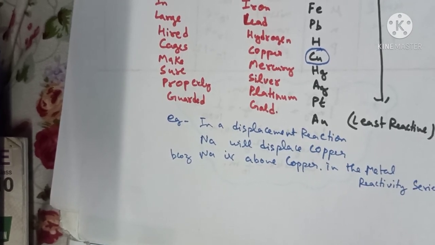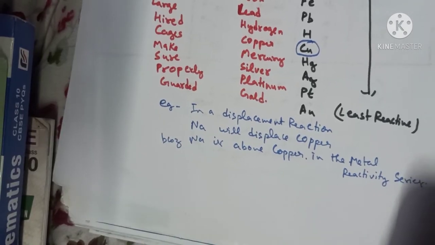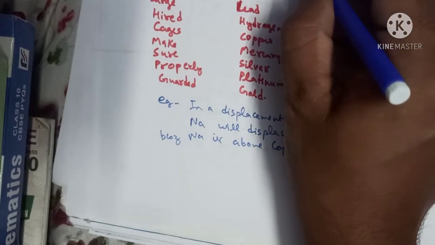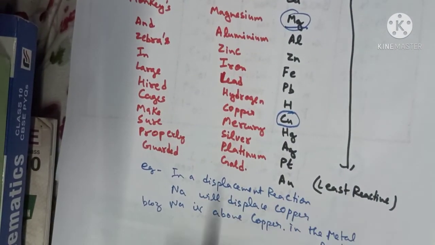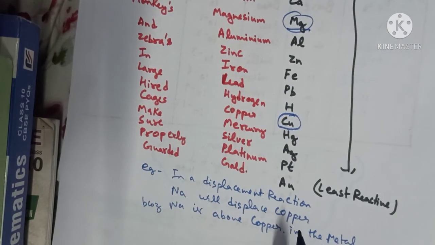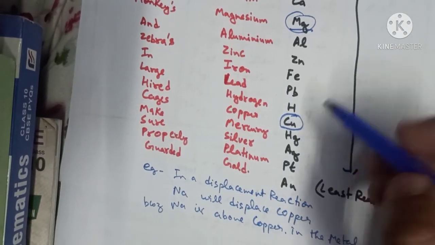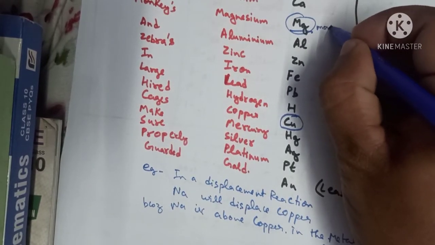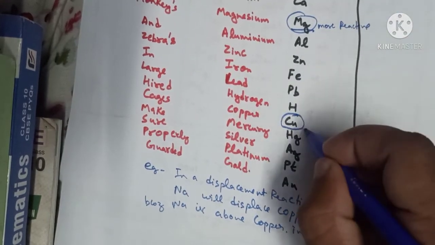Another example: if I take magnesium and copper, magnesium can displace copper. Magnesium is above copper in the activity series, so magnesium is more reactive than copper and copper is less reactive.